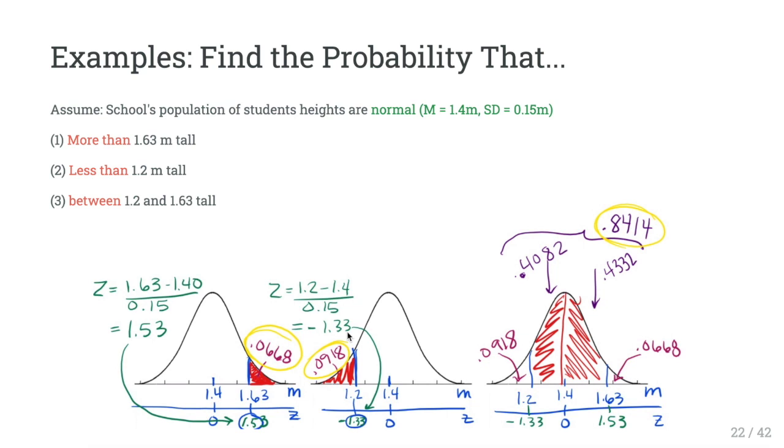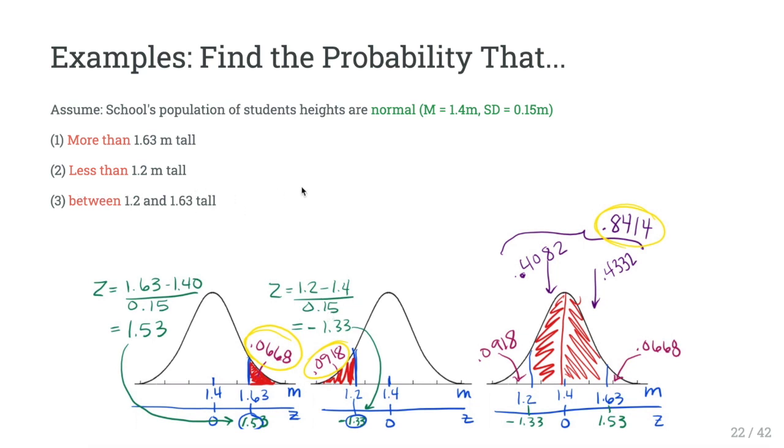So you find the positive 1.33 in the table. And then you can look at how much is above it. And that is like the mirror image of what we're seeing here. So what's above positive 1.33 is going to be the exact same as what is below the negative 1.33.